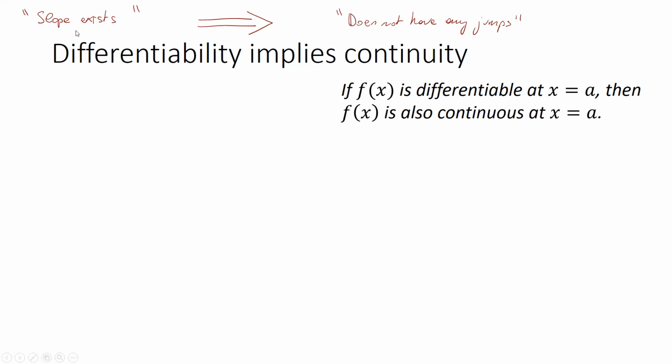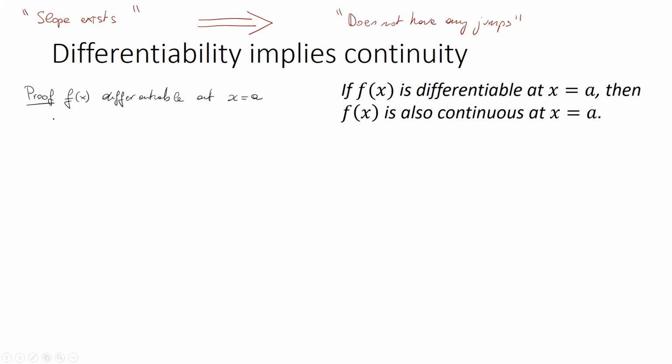So of course, that's the intuition, but now let's make it a bit more concrete. Let's see if we can prove that. So let's start with a function f of x that is differentiable at x equal to a.